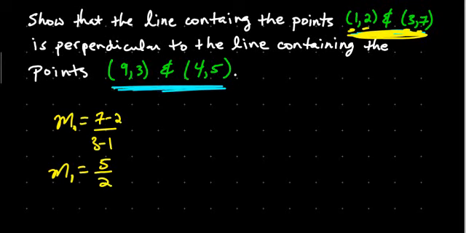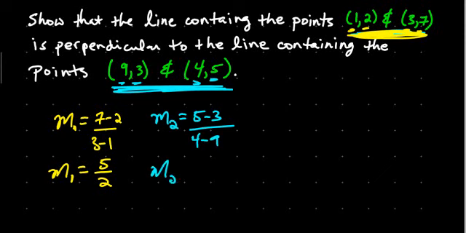Let's say right here, M2 equals 5 minus 3 over 4 minus 9. M2 equals -2 over 5. So 5 minus 3 is positive 2, but I know this bottom down here is negative, so that's why I had made it negative. 4 minus 9 is -5.